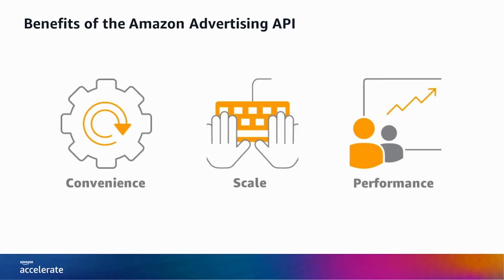Don't forget, there's also a huge opportunity for automation. If you build an automated system, you can really scale up the amount of work being done without spending extra hours. Applications can be built to perform repetitive tasks like downloading daily performance metrics, adjusting budgets, changing keywords, targeting, and optimizing bids.